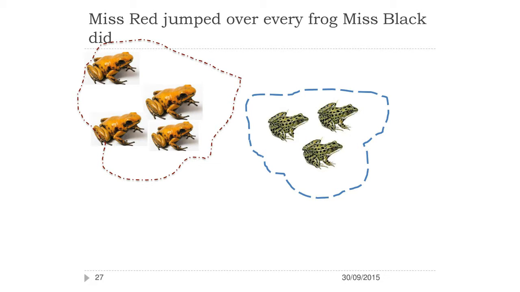If I have a set of frogs and Lola jumps 3 and doesn't get to the 4th, it's not true that she jumped every frog. And then suppose that the other girl comes. I think in the experiment it was Miss Black and Miss Red. So Miss Black jumps over 3 and gets tired. And then Miss Red jumps and she's stronger, so she jumps over all 4.